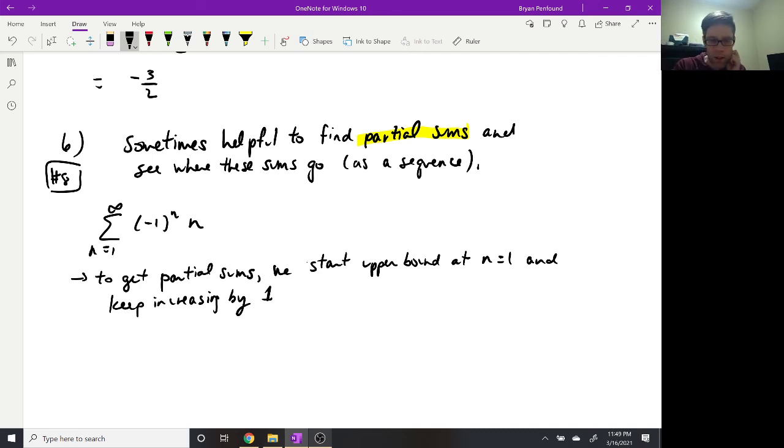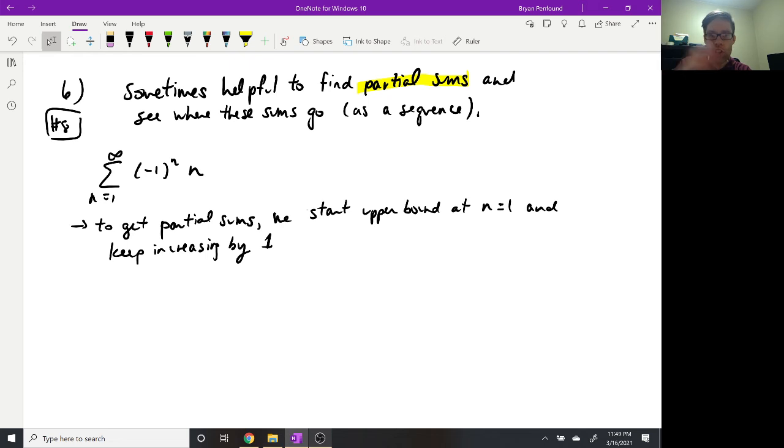So to get our partial sums, because our lower bound here starts at 1, we're going to start our upper bound at the same number as our lower bound, and we're going to keep increasing it by 1, and keep track of these sums as we add more and more terms.